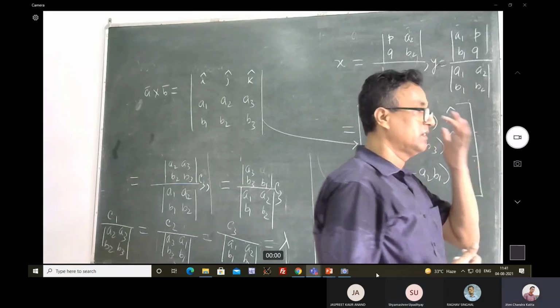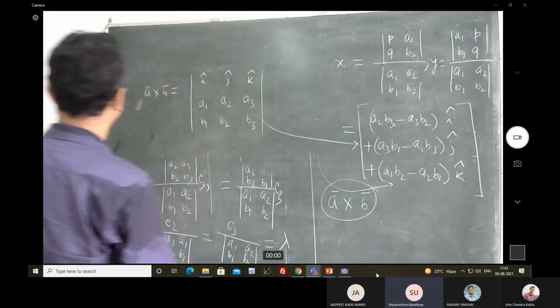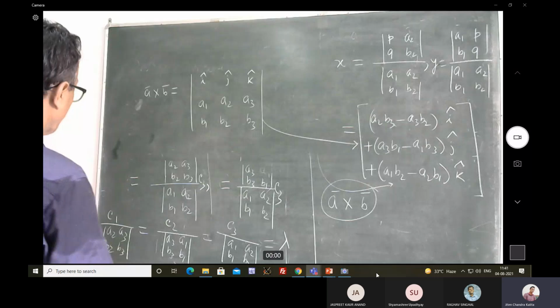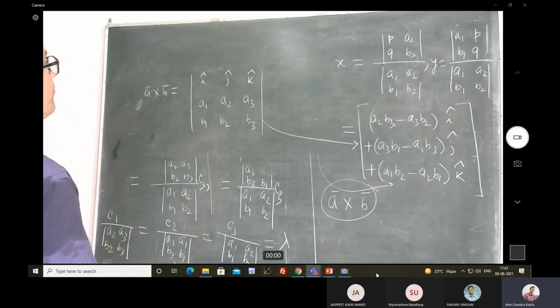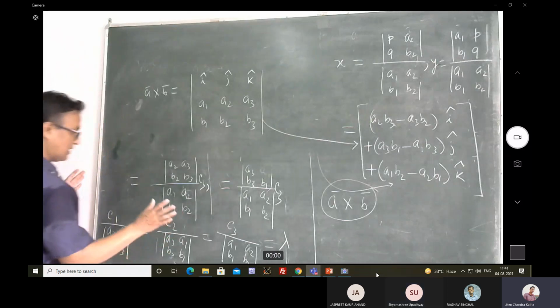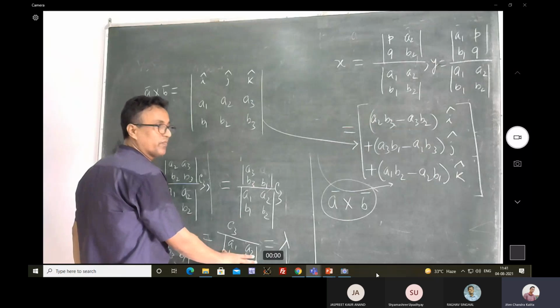That imposes some condition on A and B. This denominator determinant has to be non-zero. Yeah, just a minute. This one, I have to assume that this is non-zero.